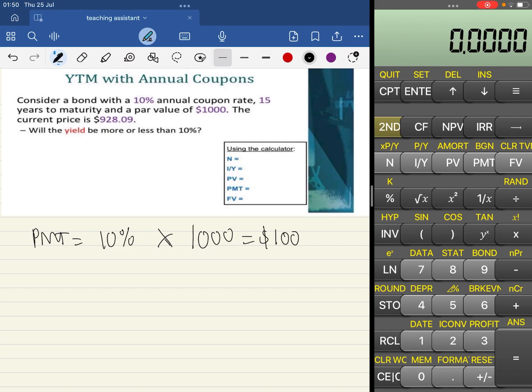Because the par value is $1,000, therefore the future value is also $1,000. The current price is $928.09, so present value is $928.09. Remember, when we type it in the calculator, we have to put the minus sign before 928.09.